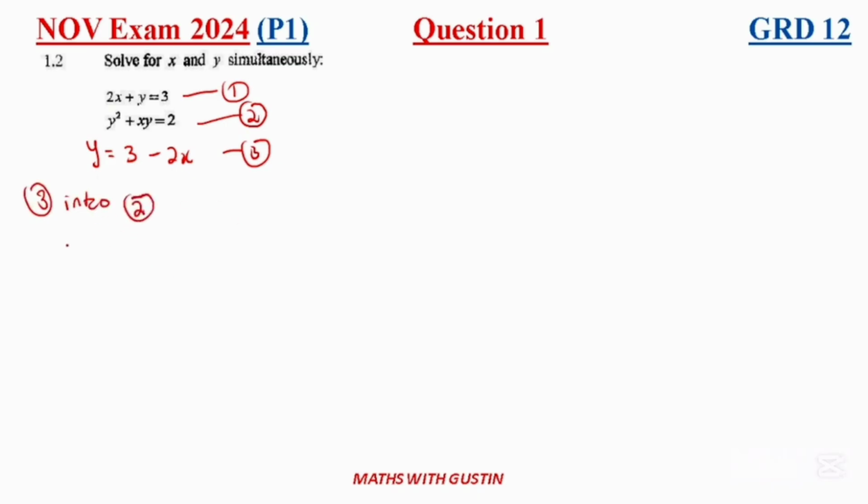So now you're going to say y squared plus xy is equal to 2. Then you take this y, you put it here. Wherever there's y, you put that y there. So therefore this simply means you're going to have (3 minus 2x) all squared plus x into (3 minus 2x) all closed, equals 2.